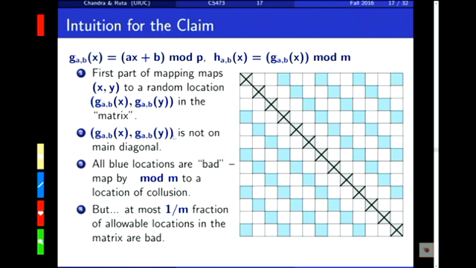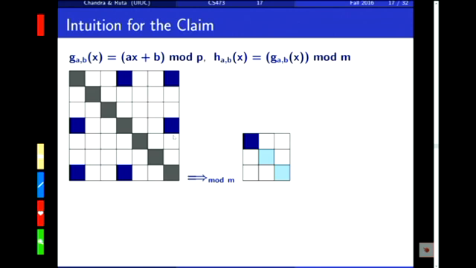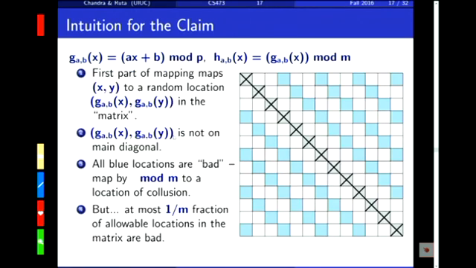If R is any number between 0 through P minus 1, and S is any number between 0 through P minus 1, and R is not equal to S, how many pairs are there for RS? P times P minus 1, right? So there is a one-to-one correspondence between RS and AB. And then when we do R mod M and S mod M, at most 1 over M fraction of RS pairs will map to the diagonal in the small matrix. That means at most 1 over M fraction will have R mod M equals S mod M.